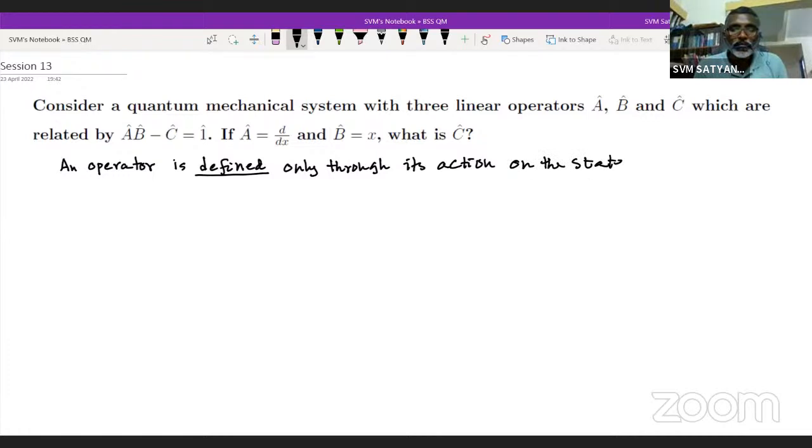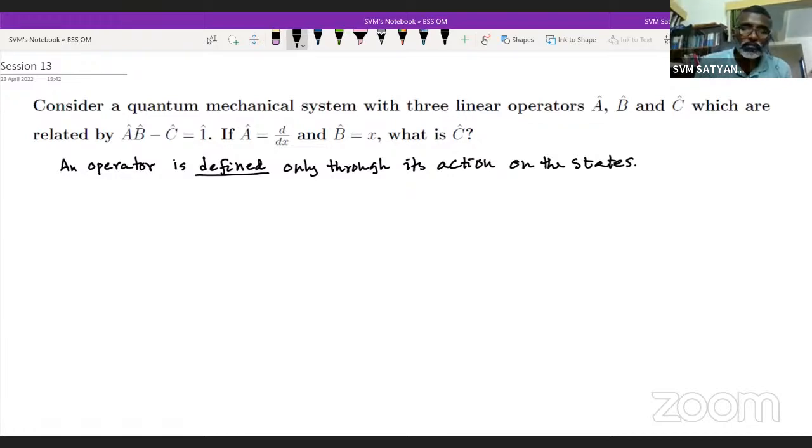If I have to know what A is, I can only ask what it does to an arbitrary function, an arbitrary state. That only defines the operator.